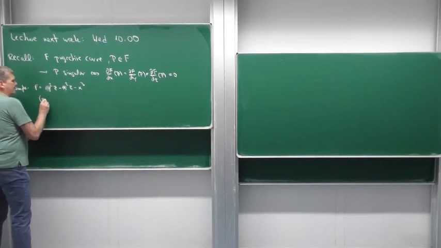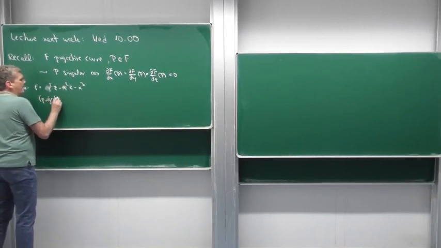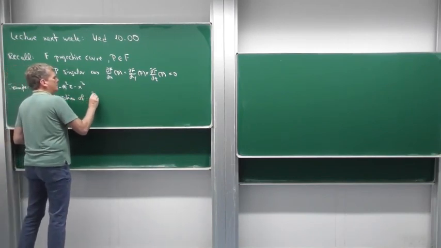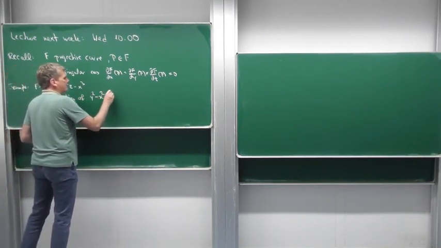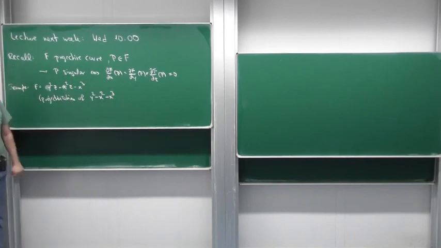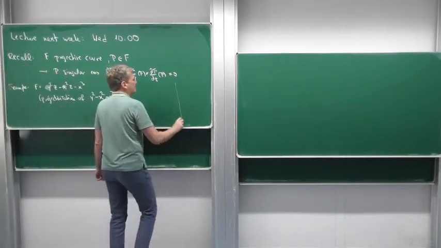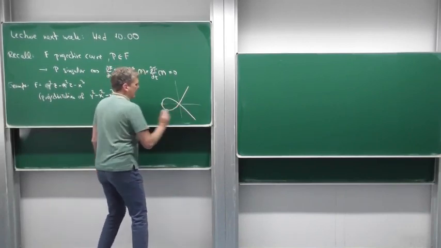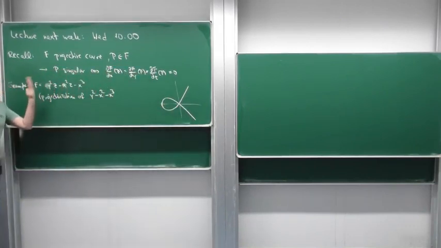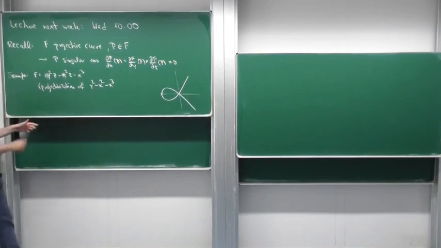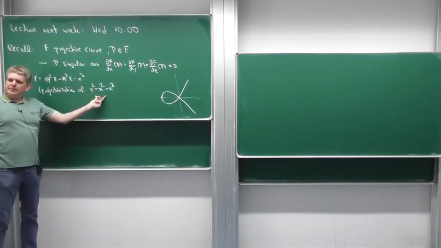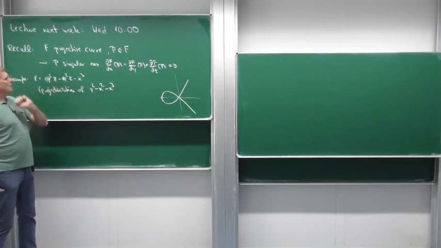So it's the projectivization of y squared minus x cubed, and that was a curve that in the affine picture we had already seen a couple of times, and that looked like this. So that's the affine picture, and then we add a point at infinity to make it projective.